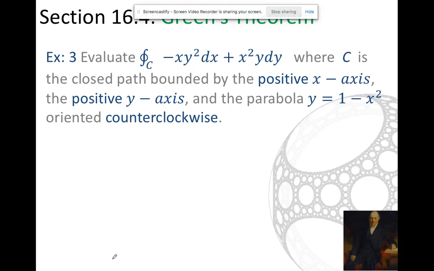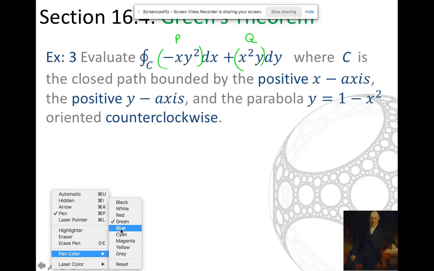Let's do another one. C is a closed path bounded by the positive x, the positive y, and, oh, what the heck? I think I need to draw this.